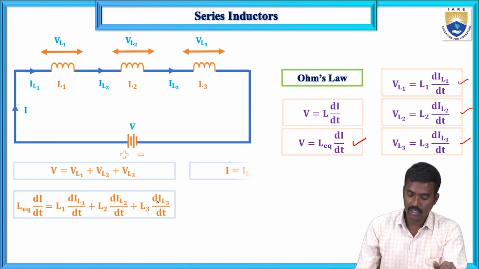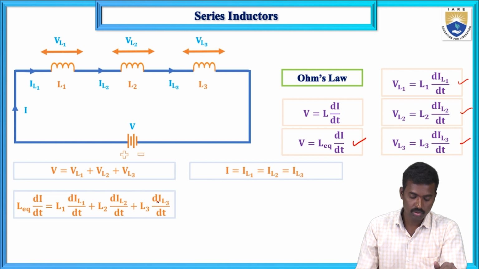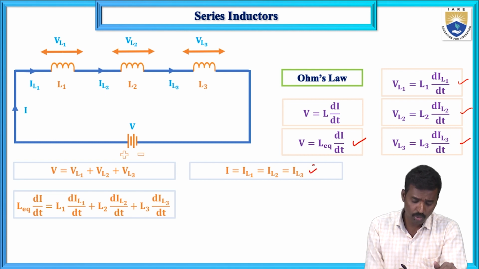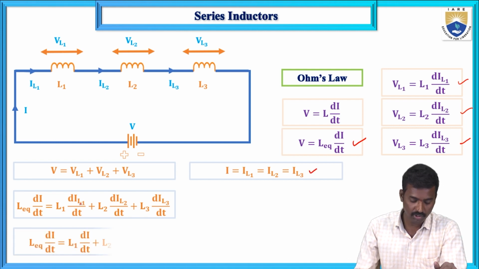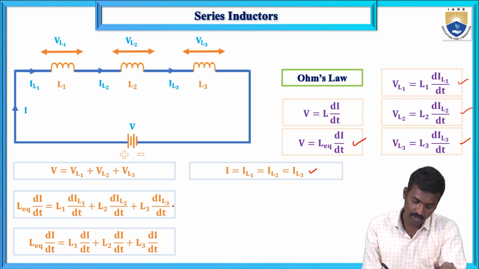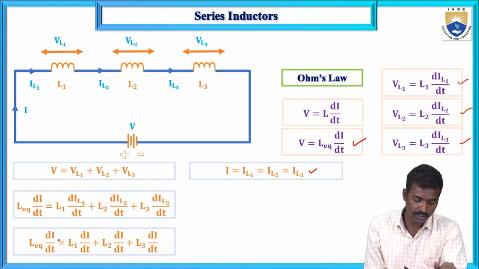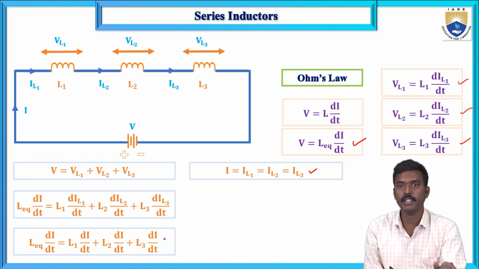So IL1 equals IL2 equals IL3, which equals the total current I. Now in place of IL1 you can write I, in place of IL2 you can write I, and in place of IL3 you can write I. So L equivalent di by dt equals L1 di by dt plus L2 di by dt plus L3 di by dt.